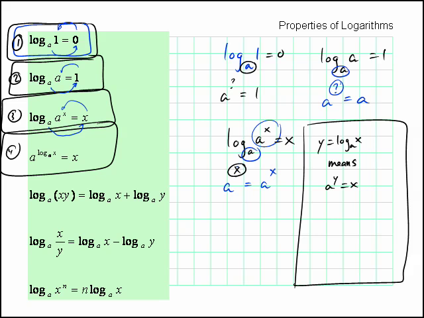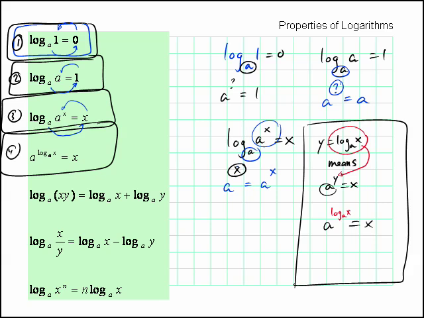Now if that's the case, if y equals this, then I can replace this y with log base a of x. And if I do that, I get a to the log base a of x is equal to x.